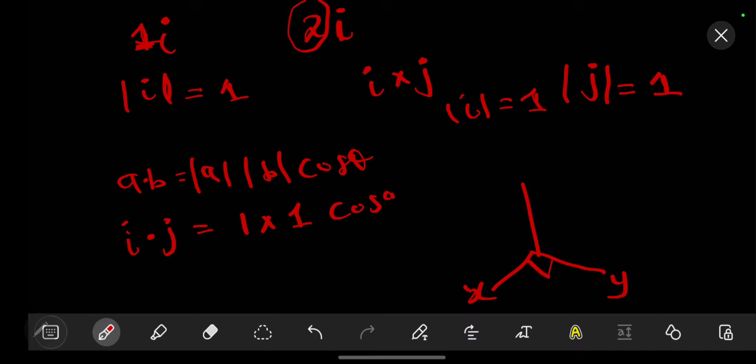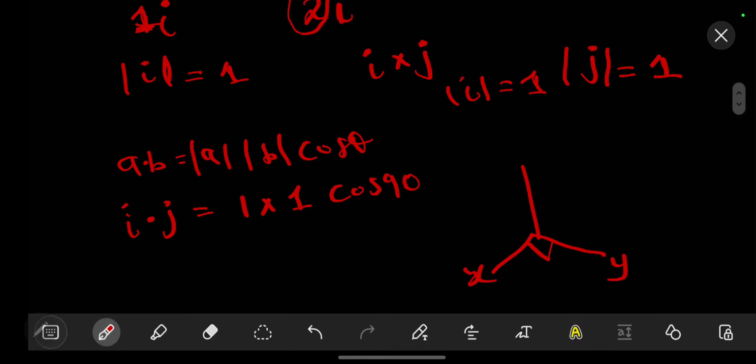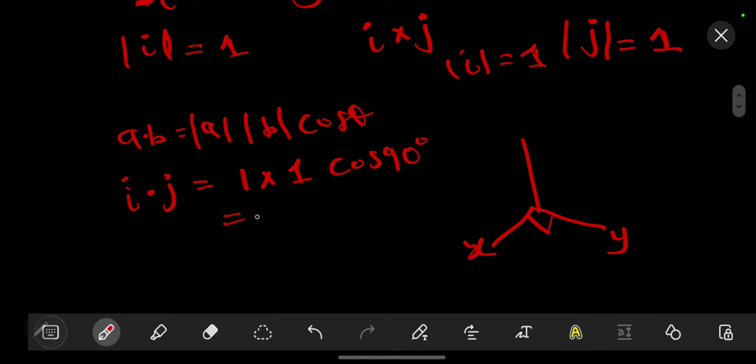So we have 1 times 1, which will be 1, times cosine of 90. The cosine of 90 degrees will give you 0. If you press on your calculator, cos 90 is 0. So 0 times 1 is just 0. This is how i dot j is equal to 0.